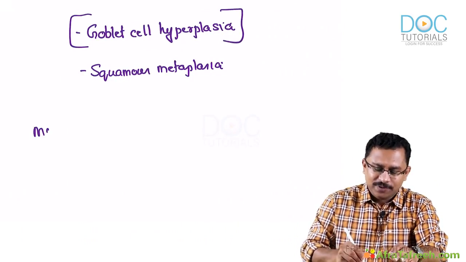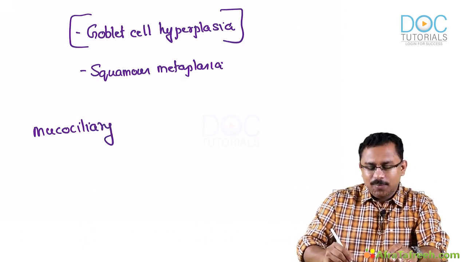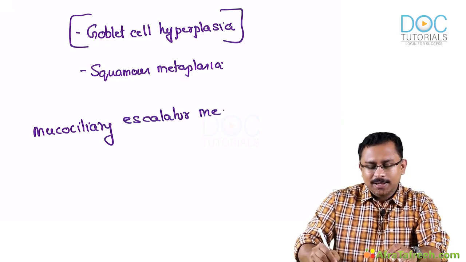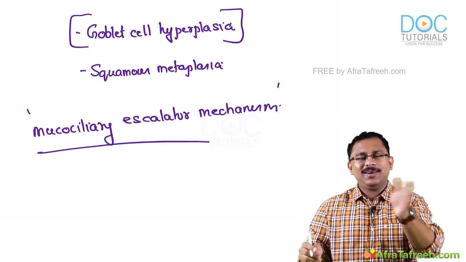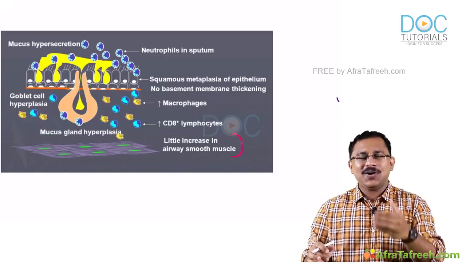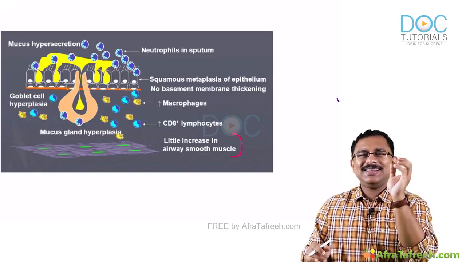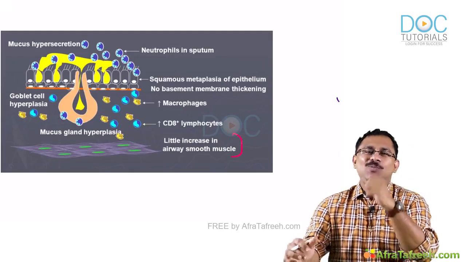I'm sure you would have heard of this in your physiology lessons. In the normal case this mucus would have been taken off, but because there is chronic bronchitis, with irritation and destruction of the cilia, the mucus accumulates.